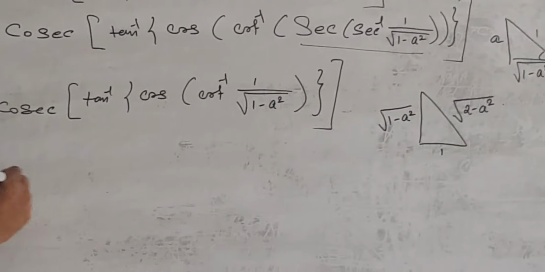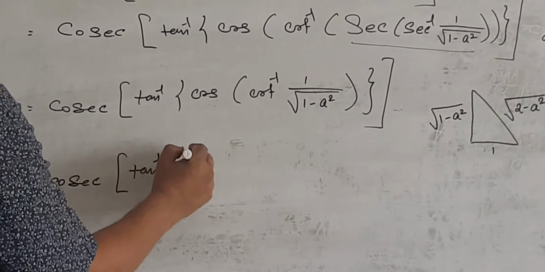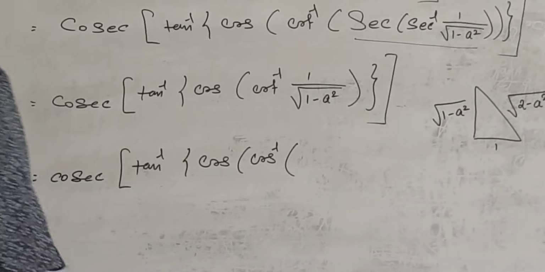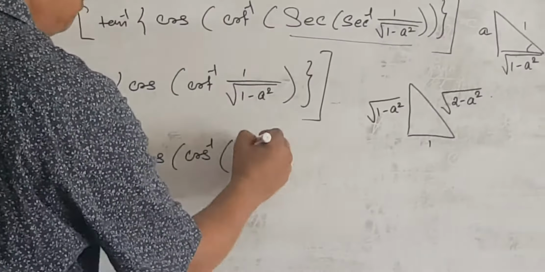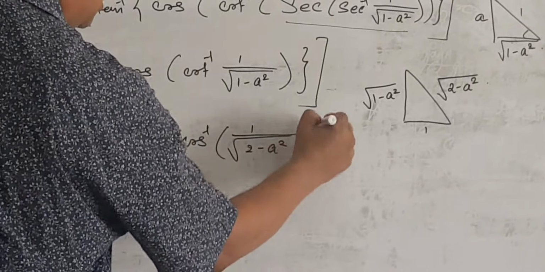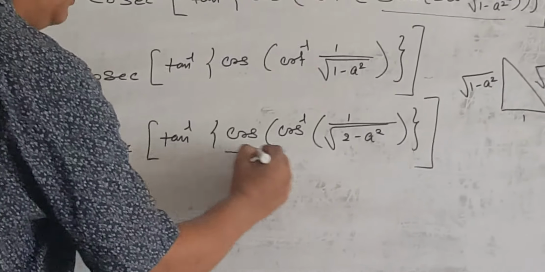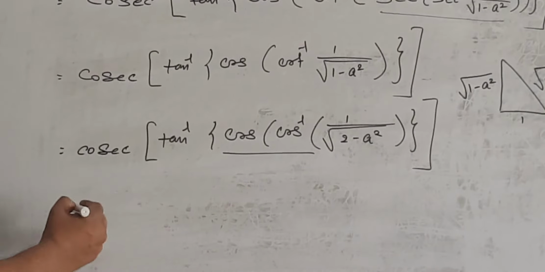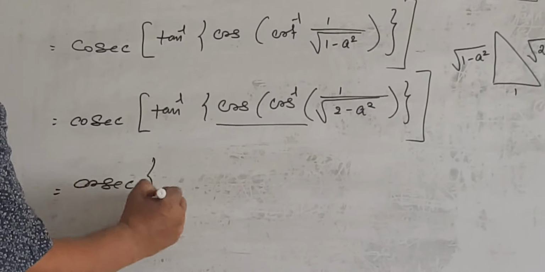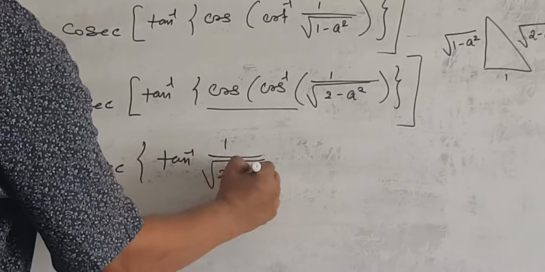So cosec of tan inverse of cos of cos inverse, adjacent upon hypotenuse, means 1 upon root of 2 minus a square. Again this cos of cos inverse y becomes y. So cosec of tan inverse of 1 upon root of 2 minus a square.